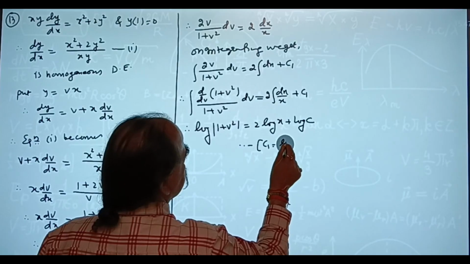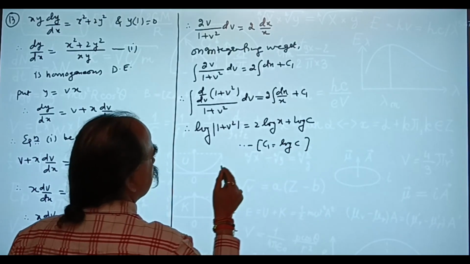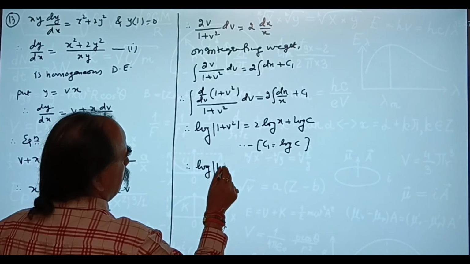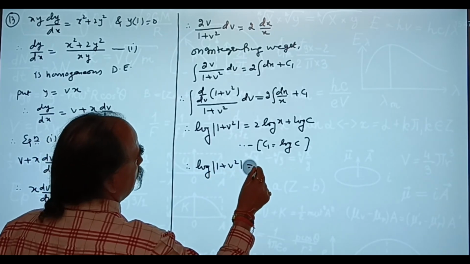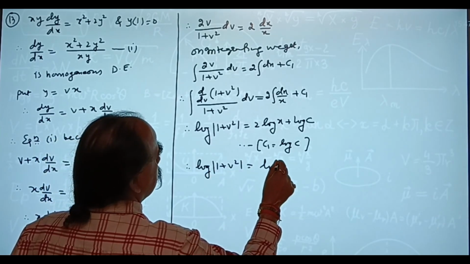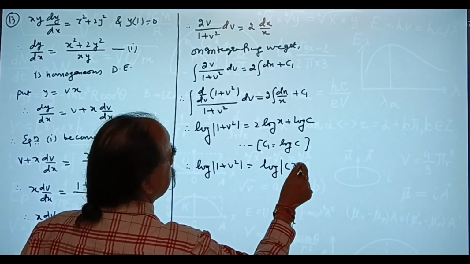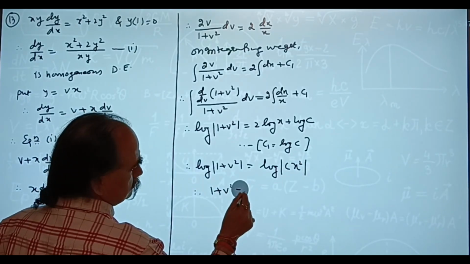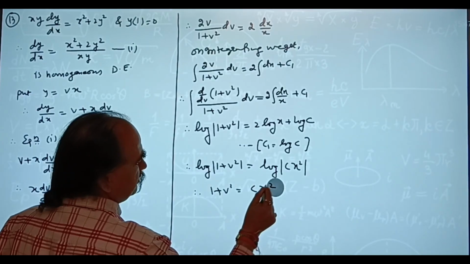C1 is equal to log c, c is constant. Therefore log 1 plus v square is equal to log of cx square. 1 plus v square is what?